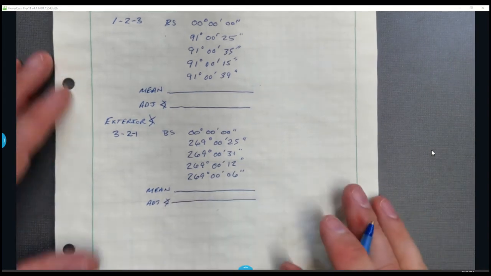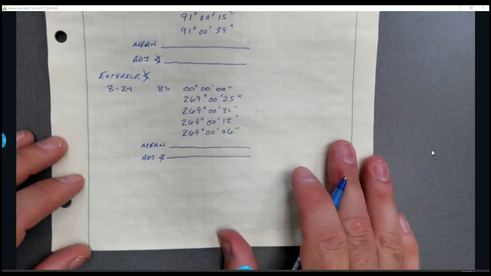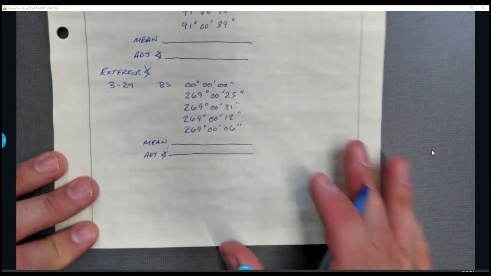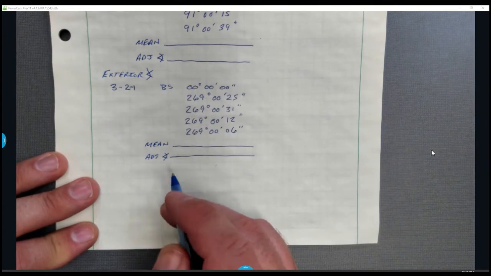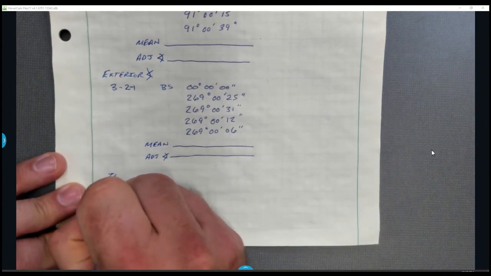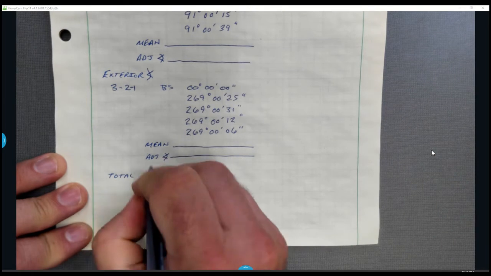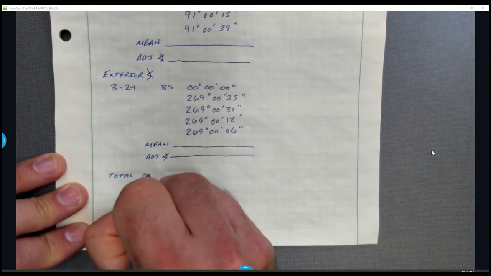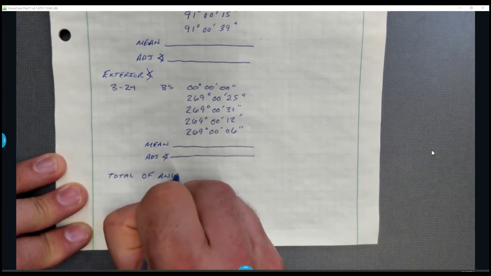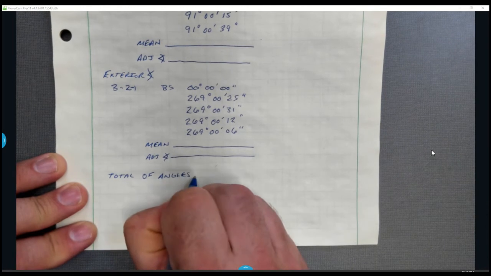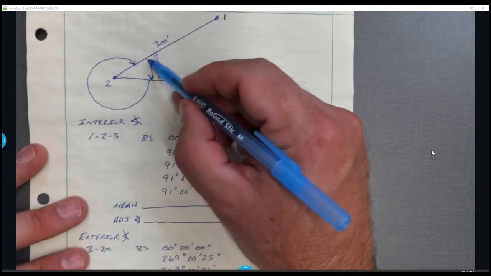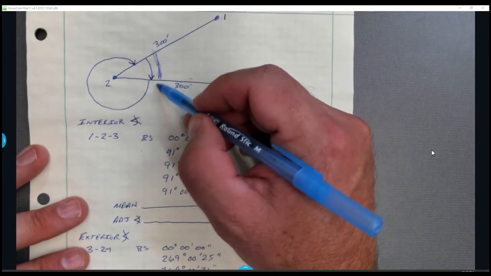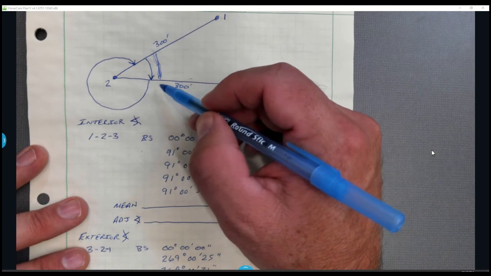okay? And then there's a few other things we're going to look at here. The other things that we want to be able to figure out to solve all this is we want to figure out that total of the angles. So does that total up to 360 is what we're looking for, okay? It should, I mean, technically it should. Mathematically it should, but it's probably not going to because there's instrument error.